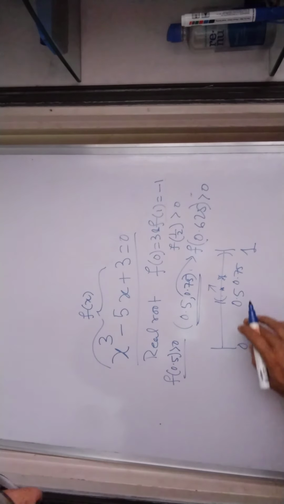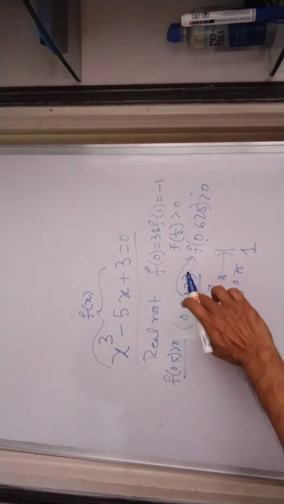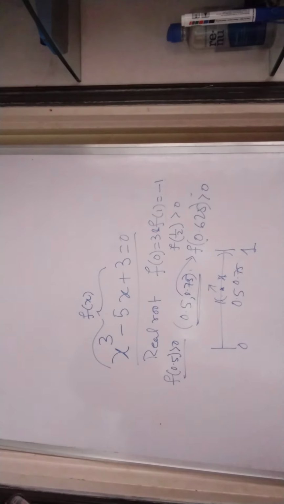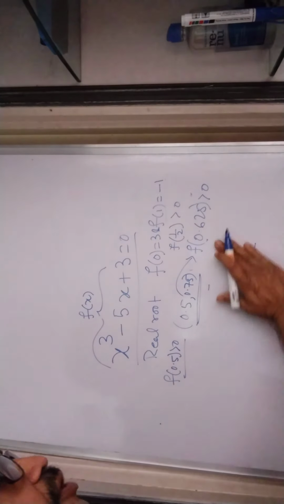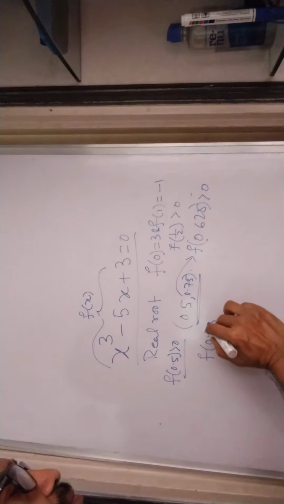Since f of 0.625 is positive while f of 0.75 is negative, we have calculated f of 0.75 as a negative value.